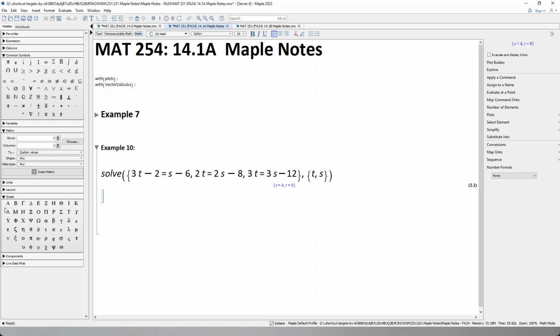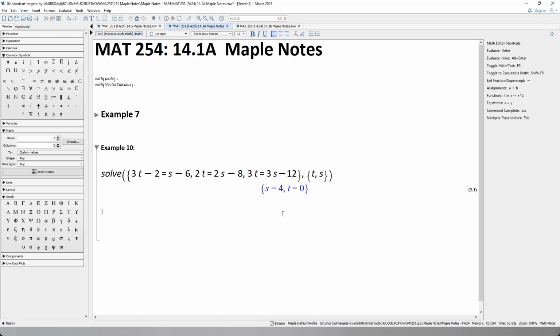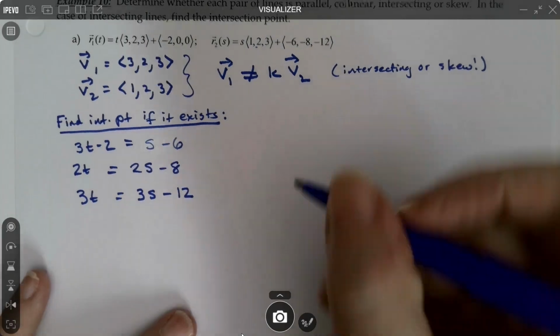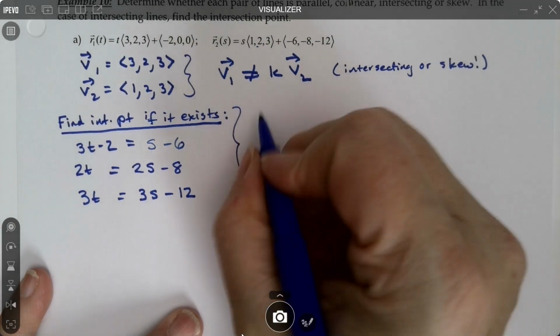And it takes a moment. But it tells me that it finds, you can see it in small print right there, s is 4 and t is 0. Done. So I know that s is 4 and t is 0. So there is an intersection, and it would happen at those parameter values.